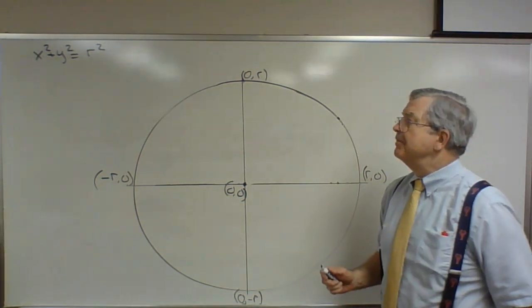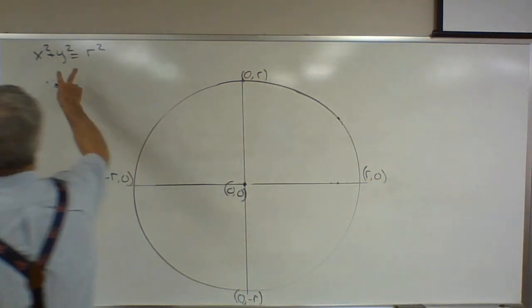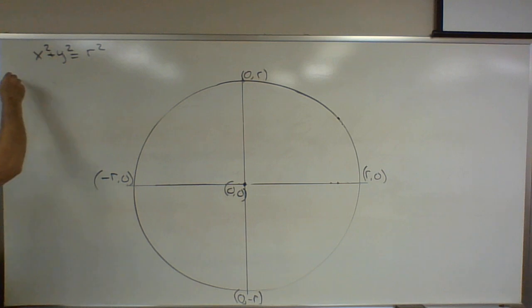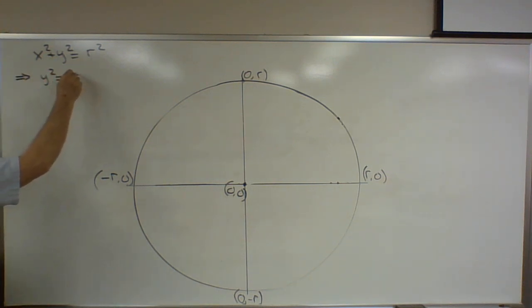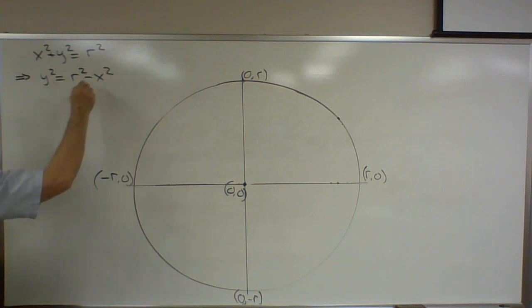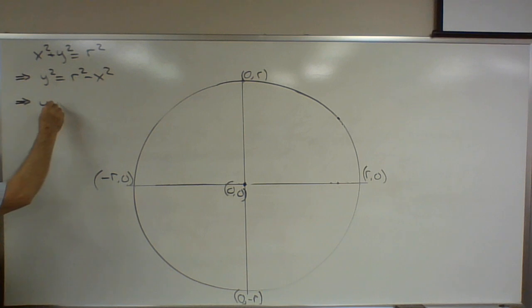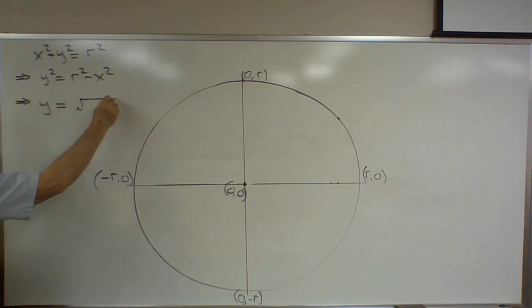Y equals something. Well, I take this equation and I move x squared to the other side, and then I just take the square root of both sides.